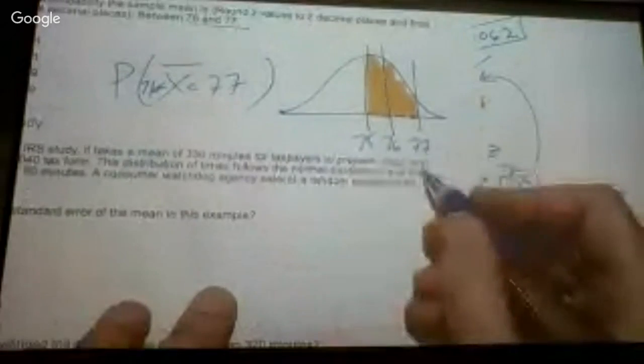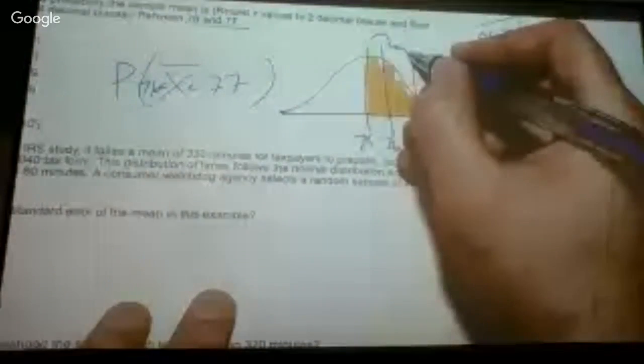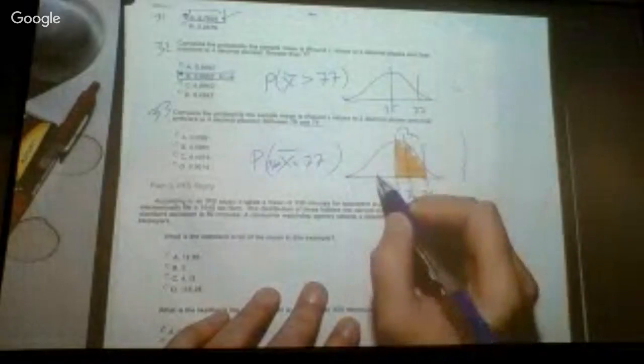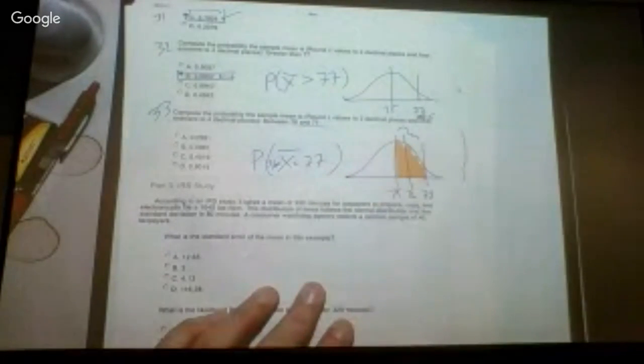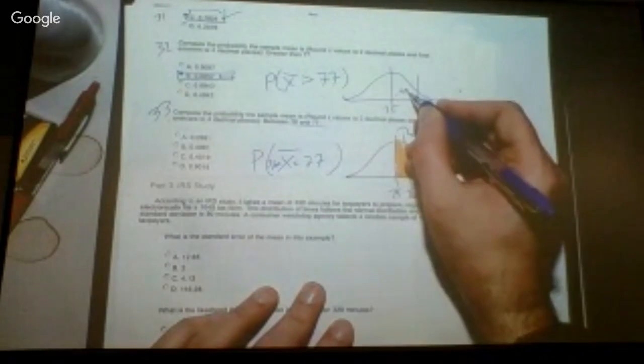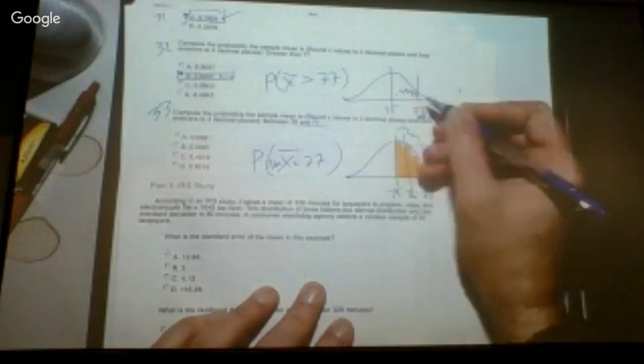And everything that's in orange here, we found in the previous problem. And the z-score was 2.5. This area was 0.4943, something like that.